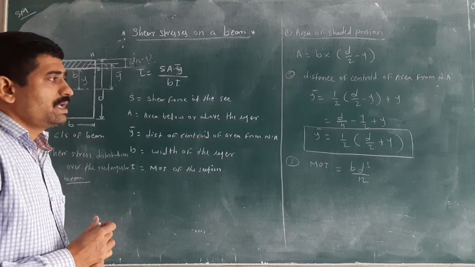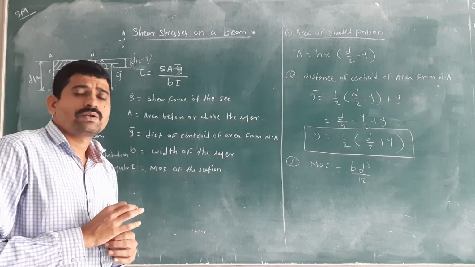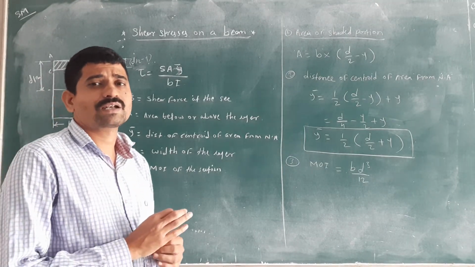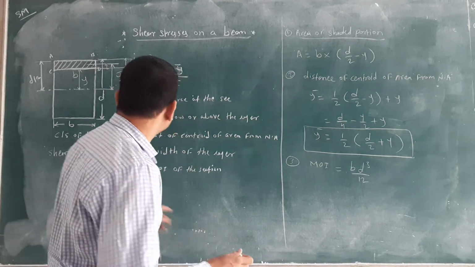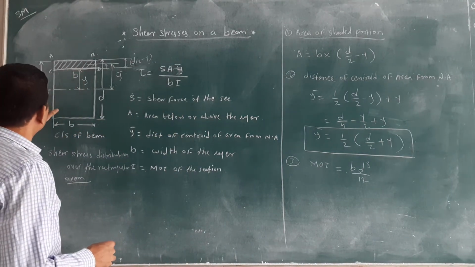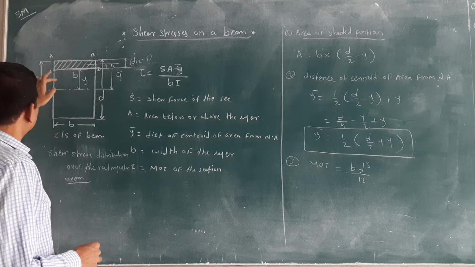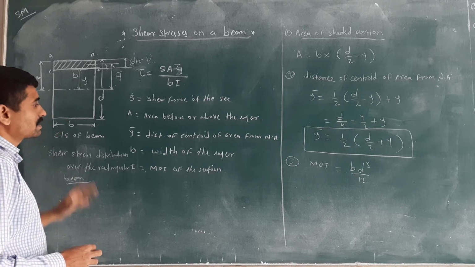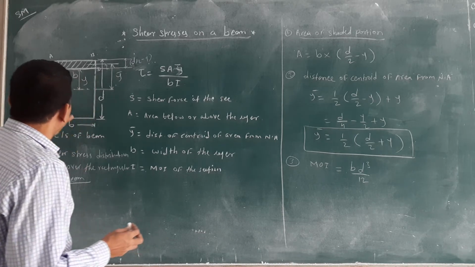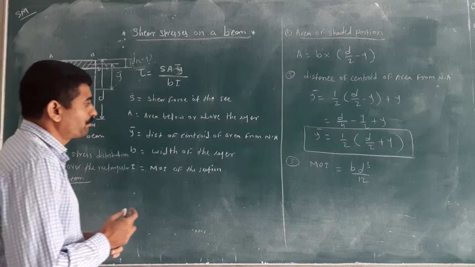Okay. Then you can calculate the shear stress at any layer. At any layer, here we consider the CD layer. You can calculate any layer. If you consider a layer below the neutral axis, you will get the same because the figure is symmetric. Okay.